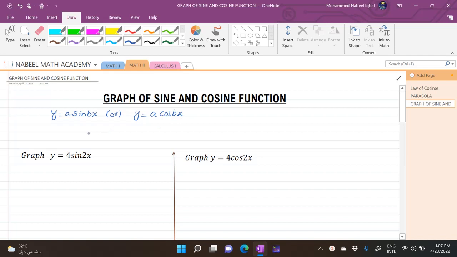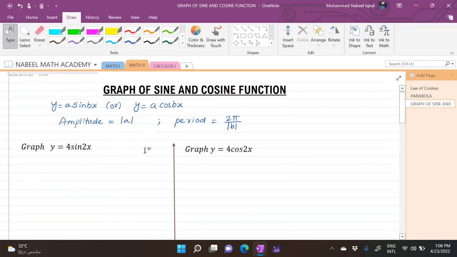I can write the amplitude, which is equal to absolute A, and the period is given by 2 pi over absolute B. So this is the formula for amplitude and period.